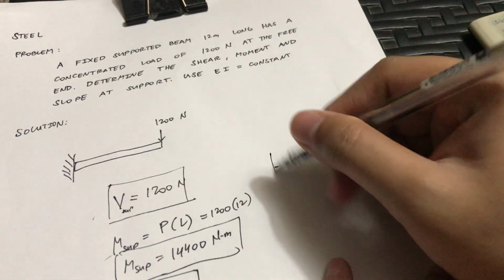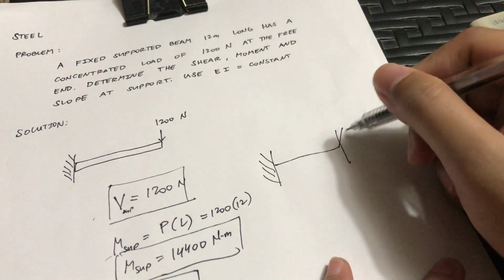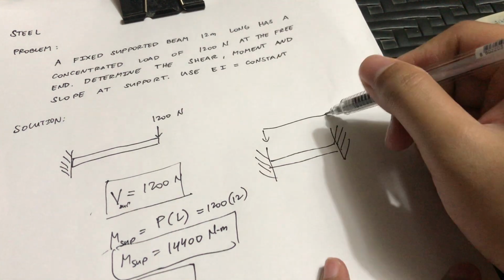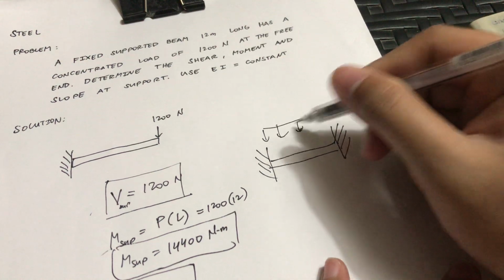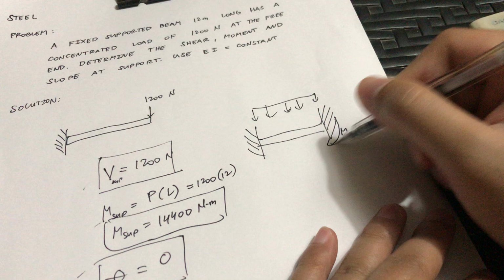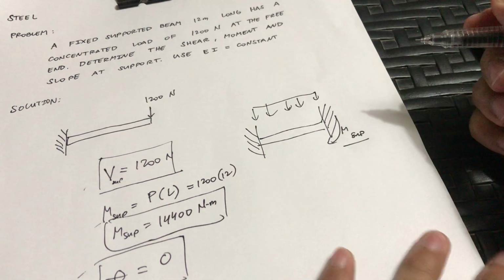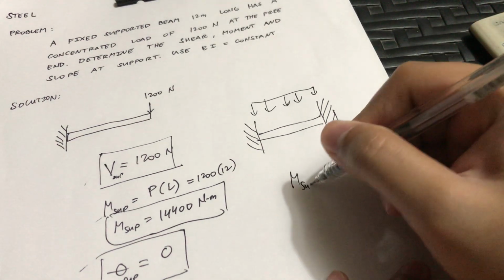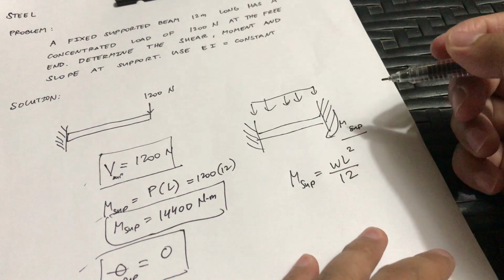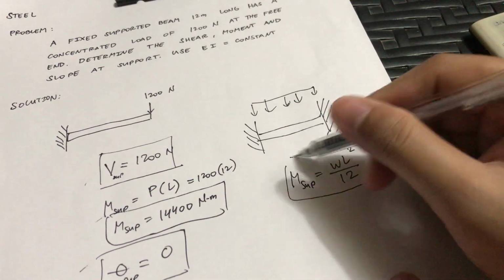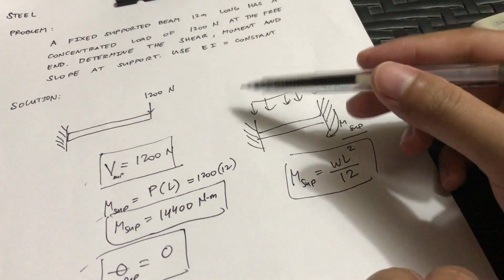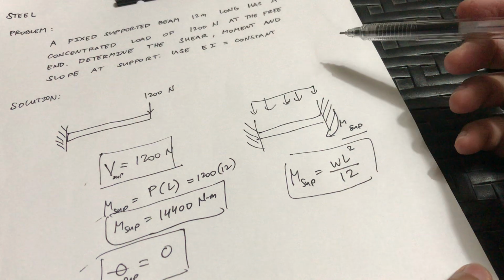Just for example, we have here a double fixed ended beam, and it is loaded with a uniform load. If we want to solve the moment at the support, the formula for that is WL squared over 12. That is how to solve for the moment. Because if you notice, fixed and fixed, this setup is indeterminate.